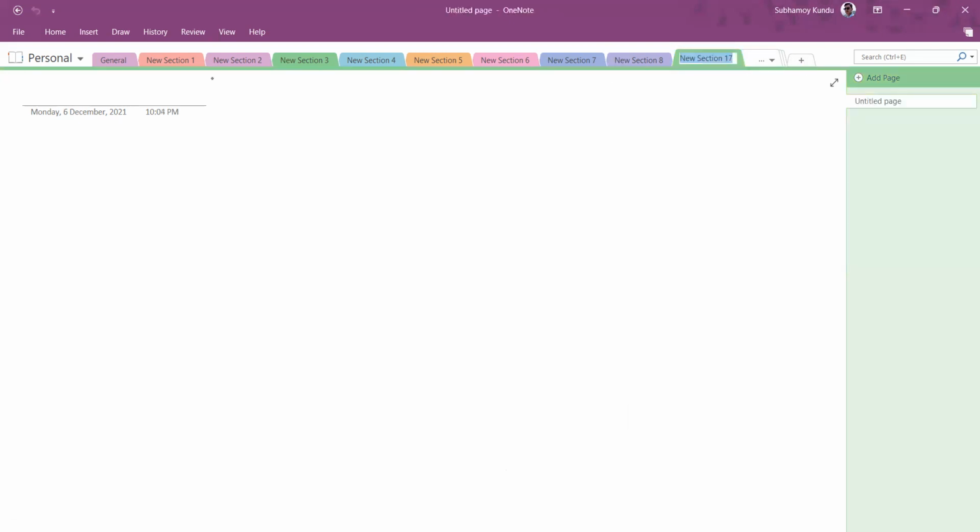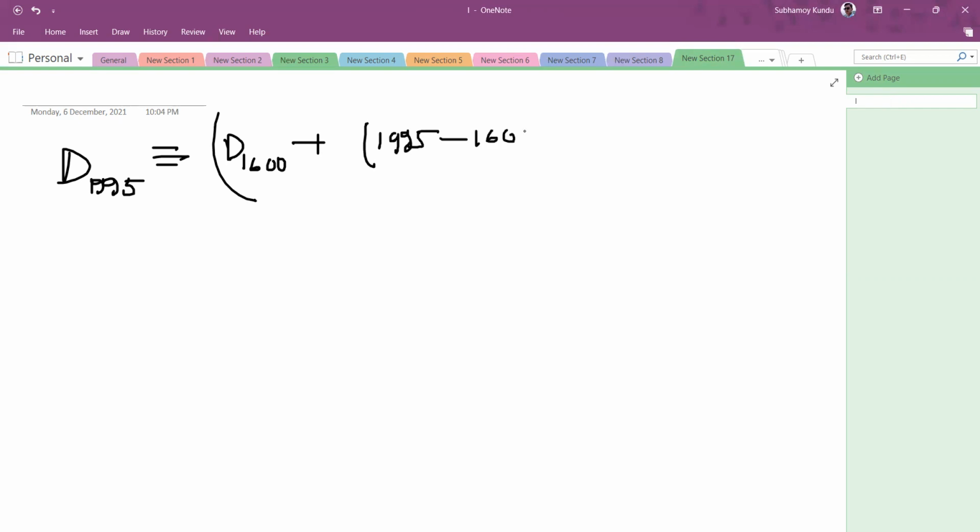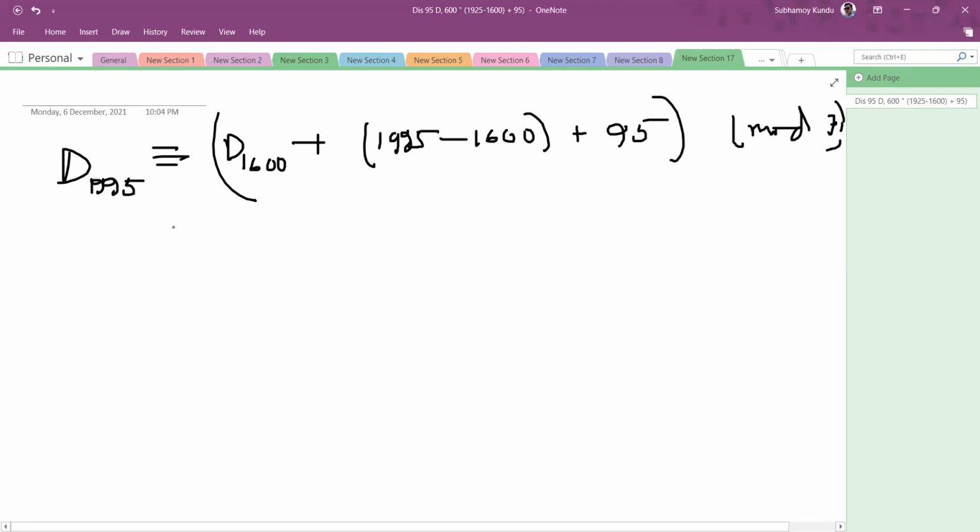Now it's very easy to see what our D 1995 will be, which is equivalent to D 1600 plus 1995 minus 1600 plus those L, that is 95. What does it make?